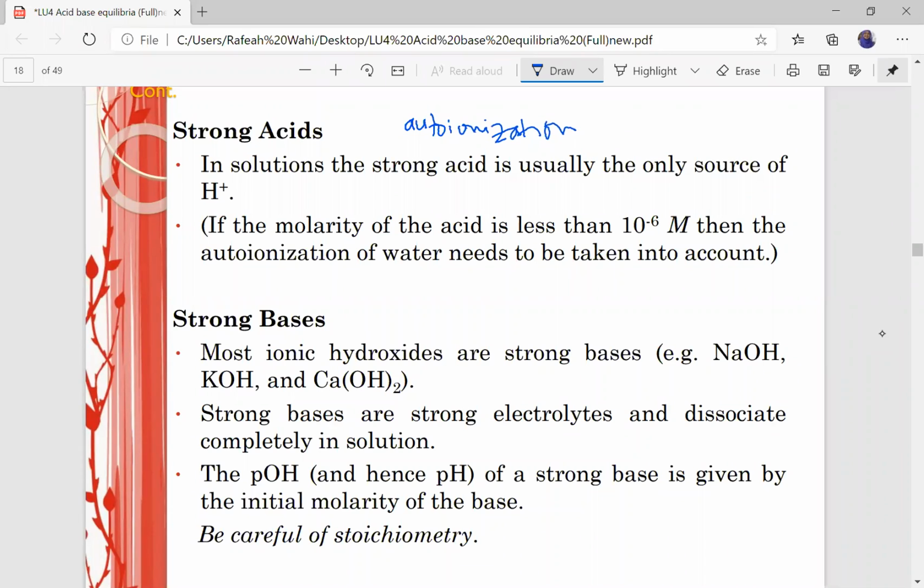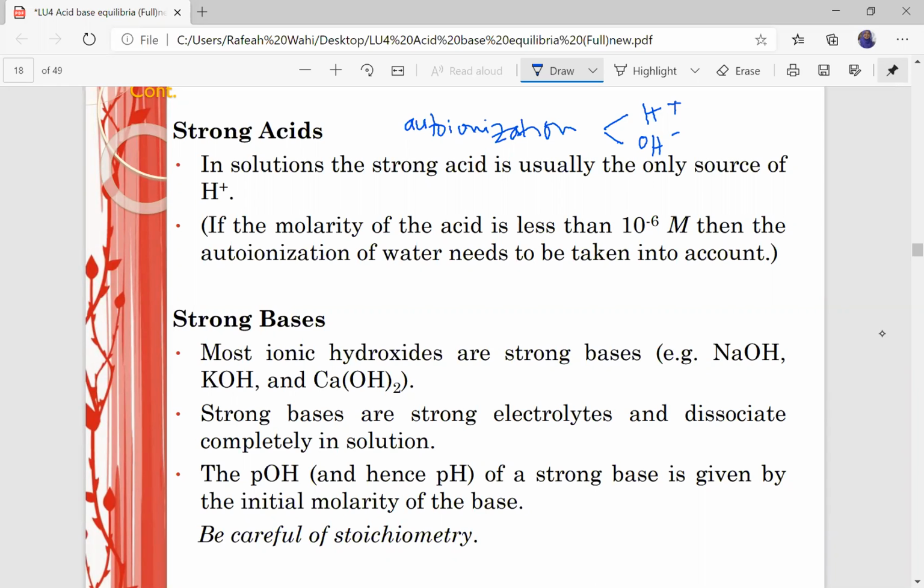So you remember as well that auto-ionization of water in an acidic solution contributes to the OH ion, the hydroxide ion in an acid. Okay, and as well as that, auto-ionization also contributes H plus ion apart from hydroxide ion. This is because water is an amphoteric substance and it can behave as acid and as base.